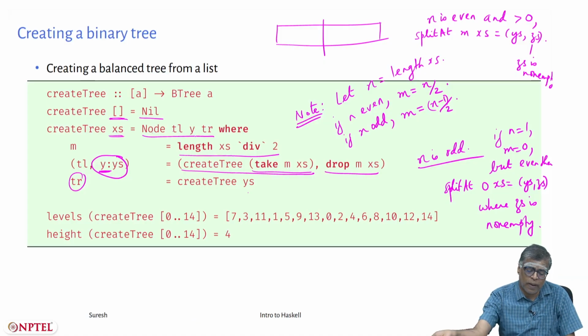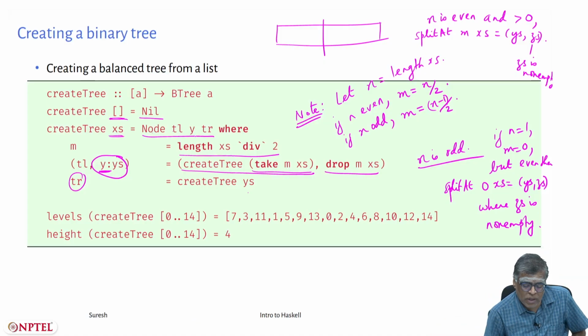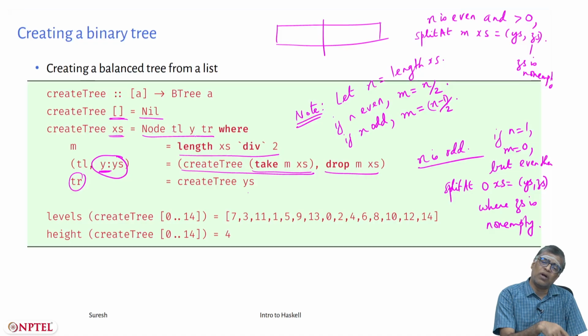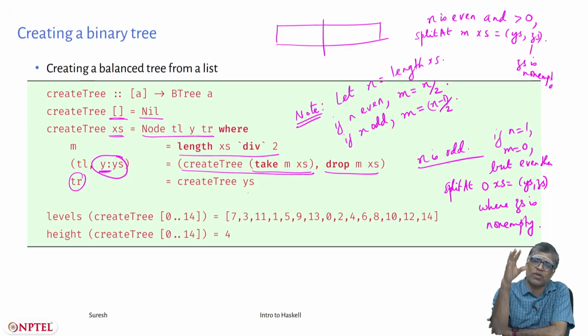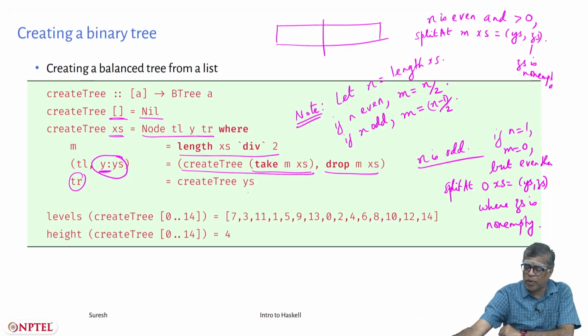So now, yes, this is a good exercise. If I create the tree of 0 to 14, and try to do the breadth first listing, it should give me this, because the root will be 7, the left root will be 3, it's perfectly balanced, you see.